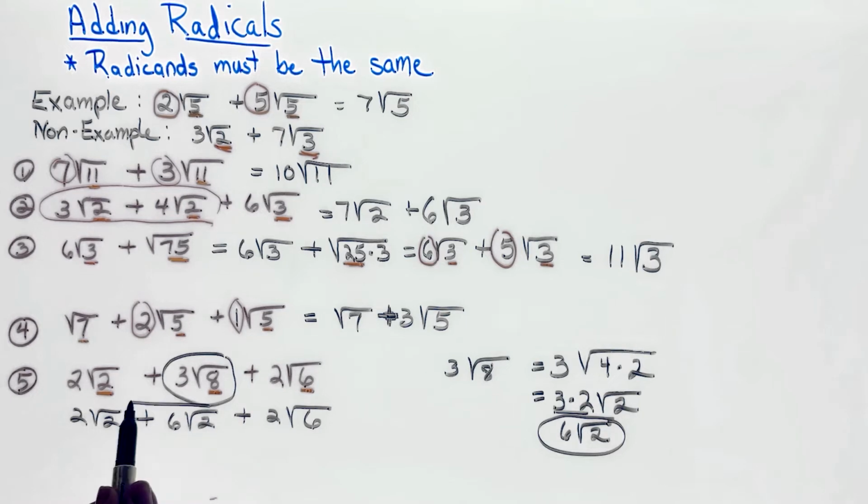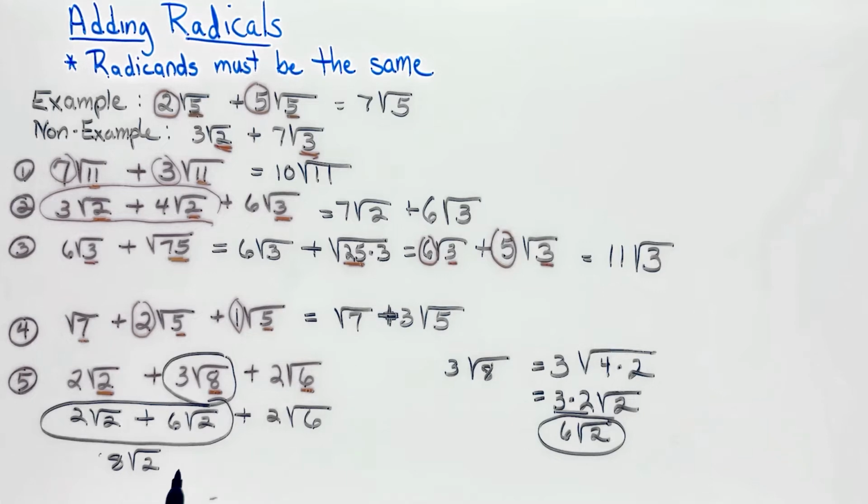Again, I can only add these 2, so the answer is going to be 2 plus 6 is 8 square roots of 2 plus 2 square roots of 6. I know that I am done because both of my radicands are in simplest form and they're different. They cannot be added.